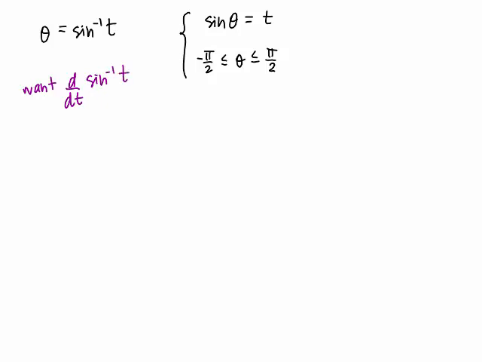Well, we could use this relationship and make an implicit derivative. With implicit differentiation, we can take the derivative with respect to t of the sine of theta equals the derivative with respect to t of t.